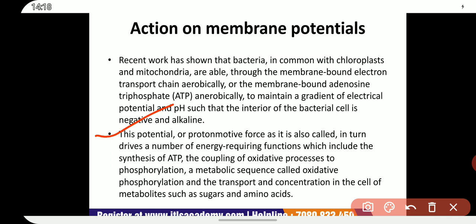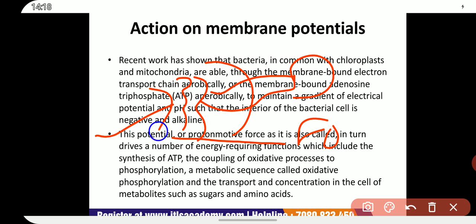This potential, or proton motive force, as we know that mitochondria have a particle that is known as the F0 particle, and this is responsible for ATP generation. ATP generation requires the movement of protons, and there is a proton gradient across the membrane, and this is known as proton motive force, which works by movement of the protons.